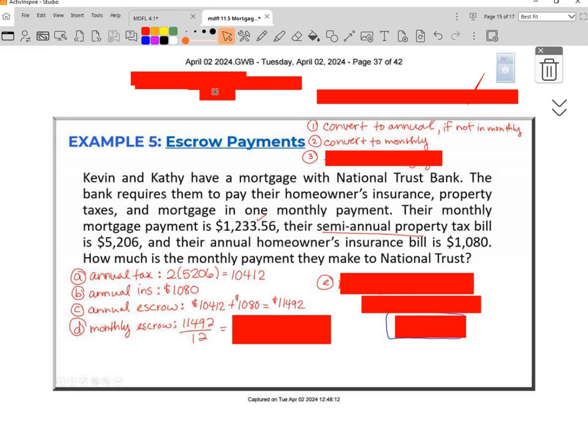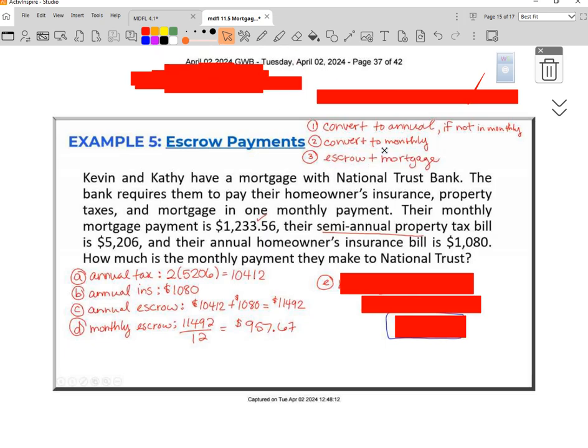So you take that $11,492 divided by 12, that's what they have to pay every month, plus their mortgage payment, or the loan part of their payment. So this is the monthly escrow due. This is their mortgage payment. Add those together, so escrow plus mortgage, the monthly escrow plus the monthly mortgage, gives you the monthly payment.